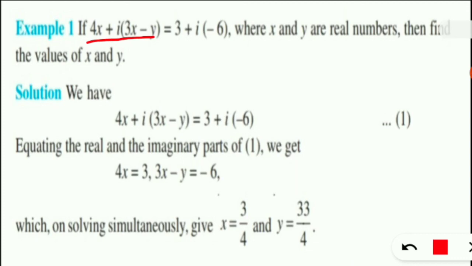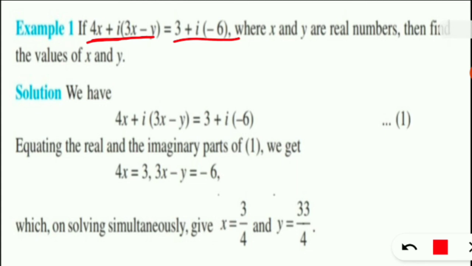That means this is a complex number, and in the right hand side, 3 plus i into (minus 6), this is also in a plus ib form. That means the left hand side is a complex number and the right hand side is also a complex number. That means here two complex numbers are equal. Okay, so we can easily find the values of x and y by equating the real and imaginary parts.